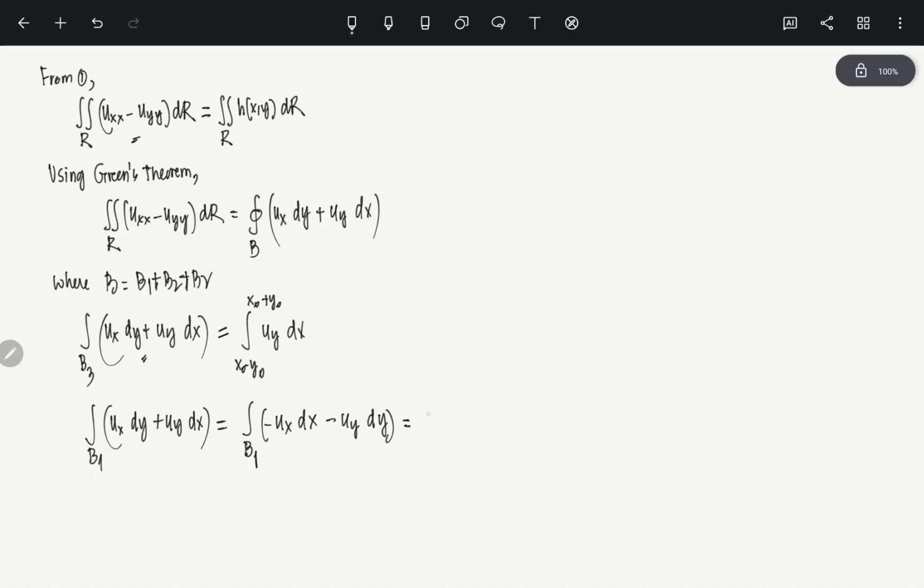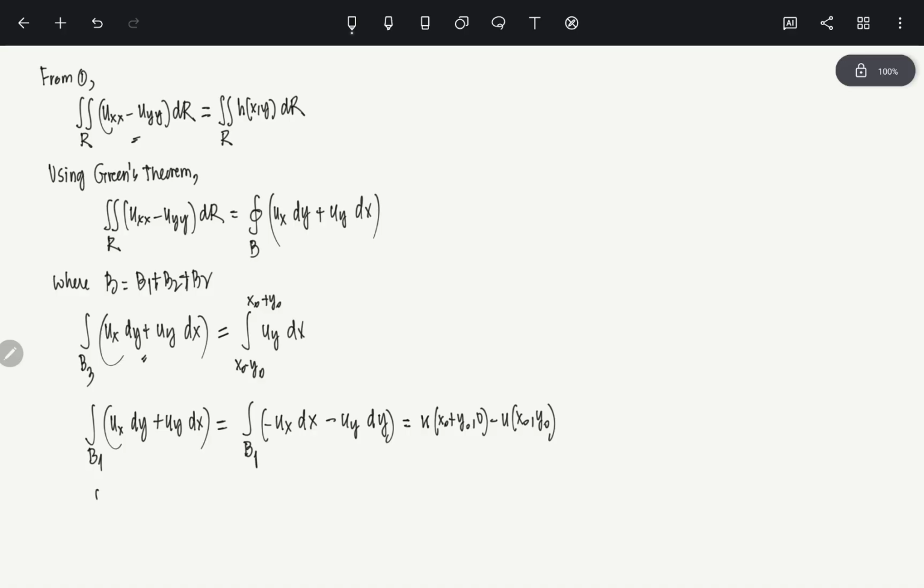So this will actually give you u at the point x naught plus y naught, evaluated at 0, minus u evaluated at x naught y naught. This is just a calculation. I'm just putting everything together.